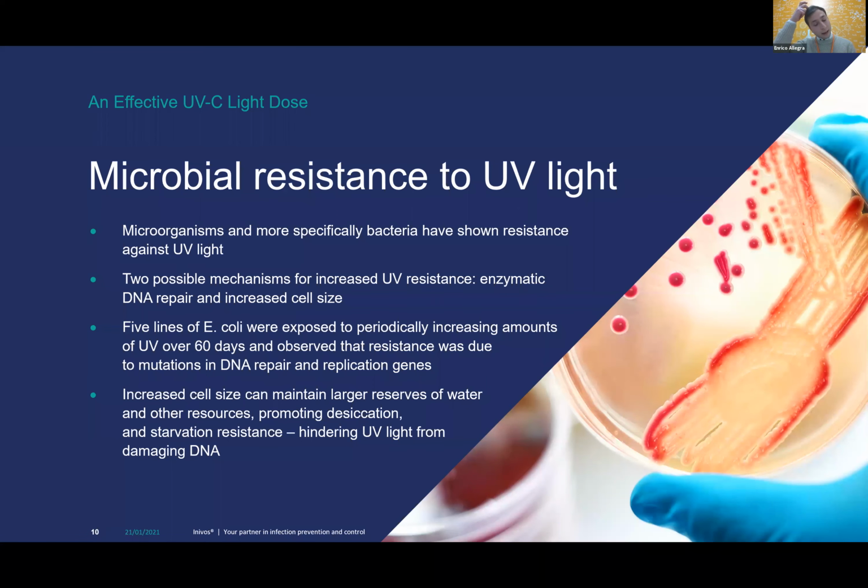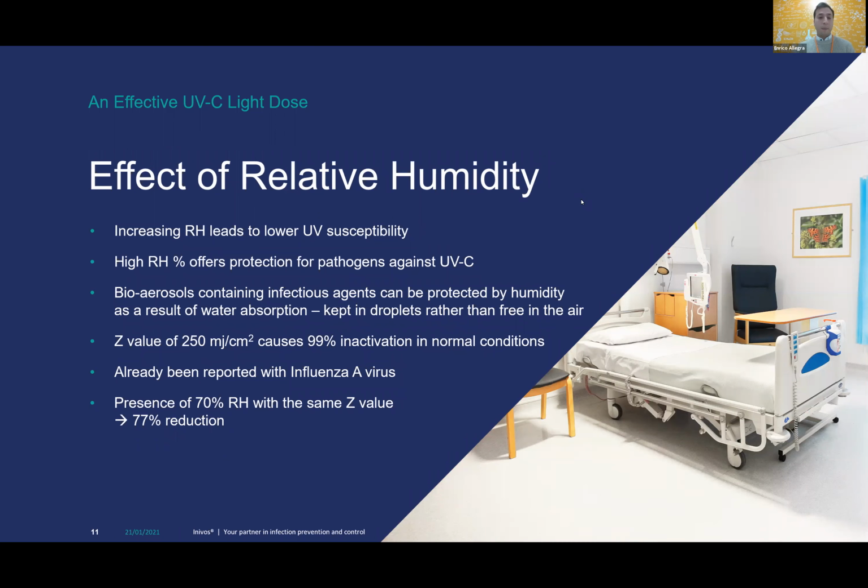And on to my last slide before passing on to Tautvydas. I want to briefly touch on relative humidity. So we know, again from studies, that RH seems to offer some sort of protection to bacteria, especially a high level of relative humidity.